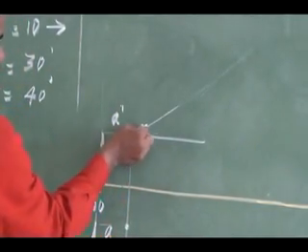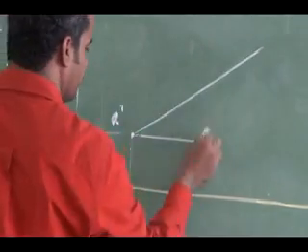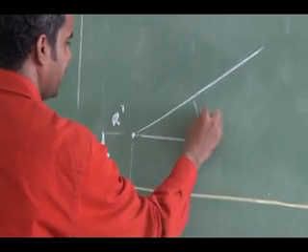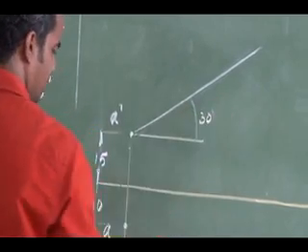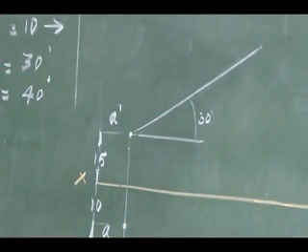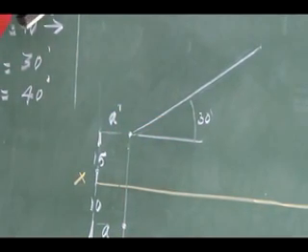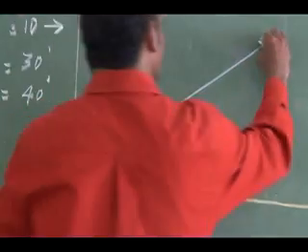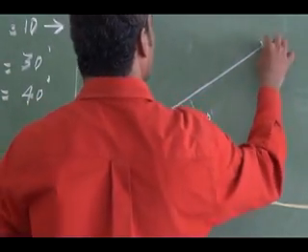So this is 30 degrees. And what length do I have to measure? The true length, 75, I have to measure.